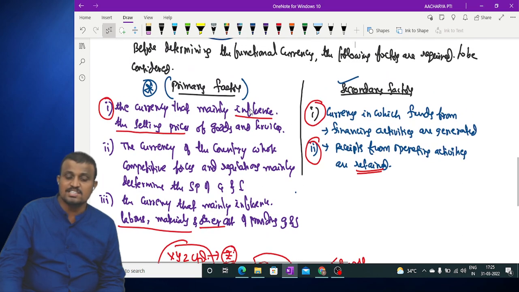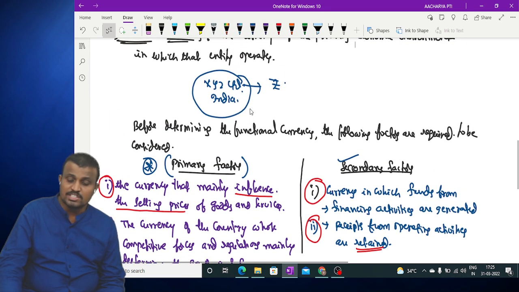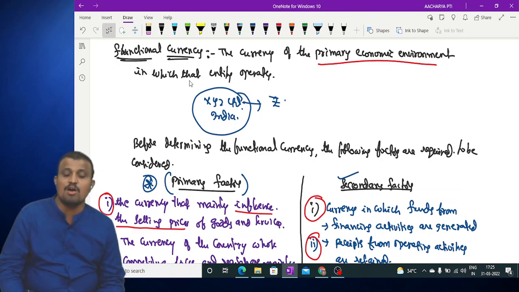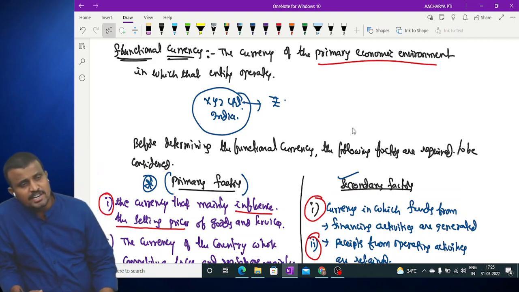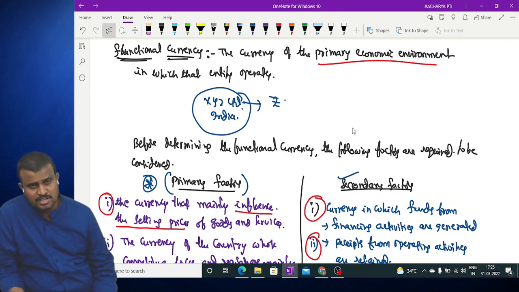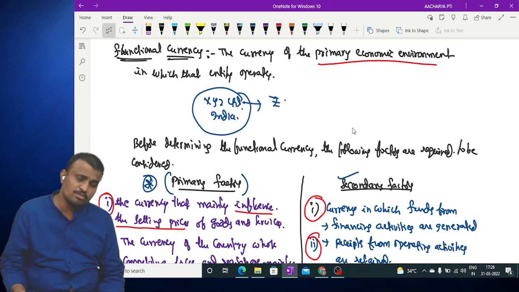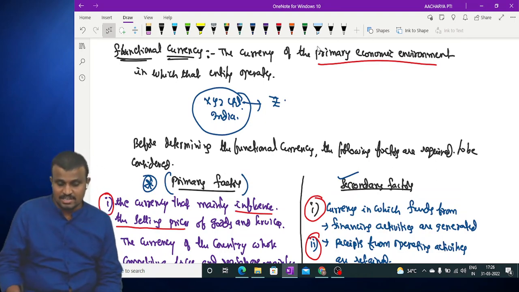So functional currency is nothing but the currency of the primary economic environment in which that entity operates. For example, if the company operates mainly in India, then the rupee is the functional currency. If the company operates mainly in USA, then the US dollar is the functional currency.